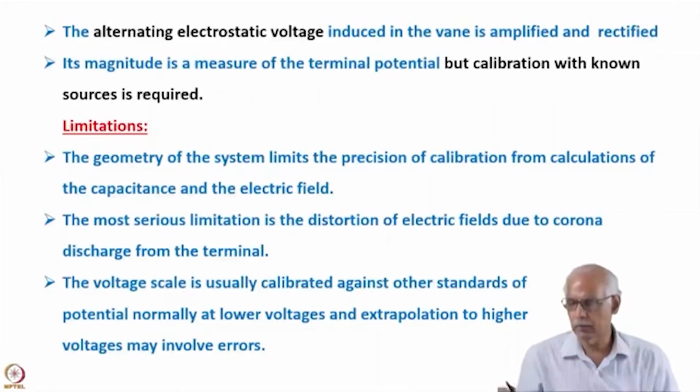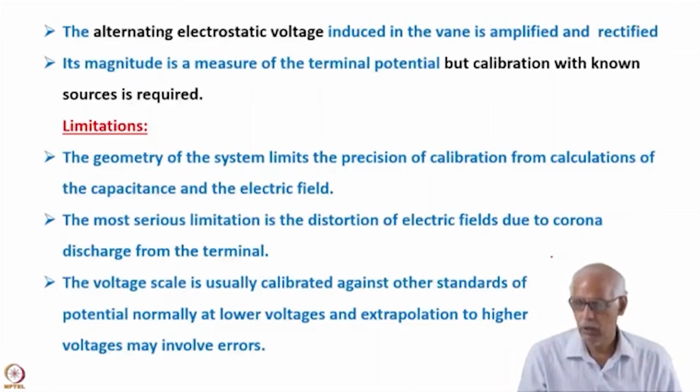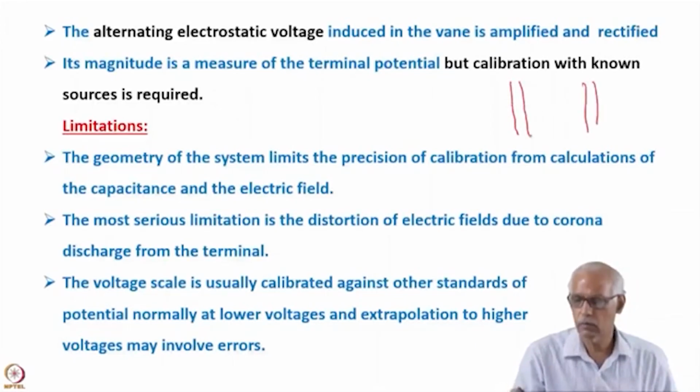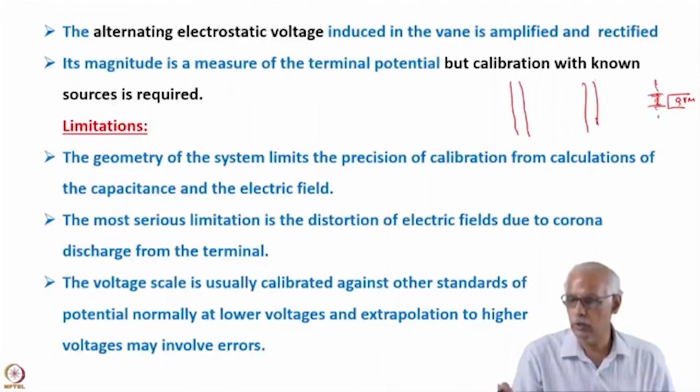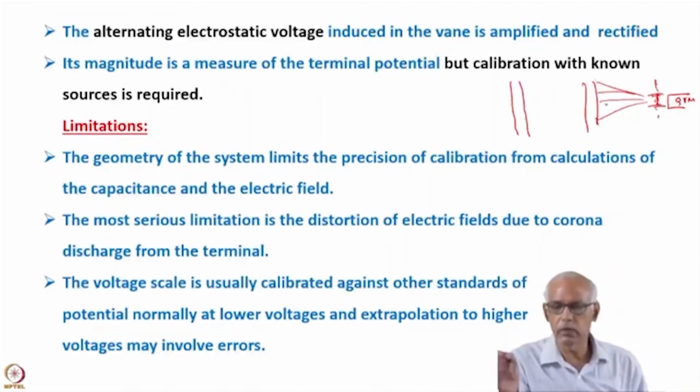What I mean is that suppose the geometry is, let's say, normally, as I showed, the high voltage terminal is a cylinder, and here we are using this GVM, and the electric field from this, let's say this is a very small portion, is used for taking the charge. Then the electric field coming from different places will be different, and therefore this may add to some errors.